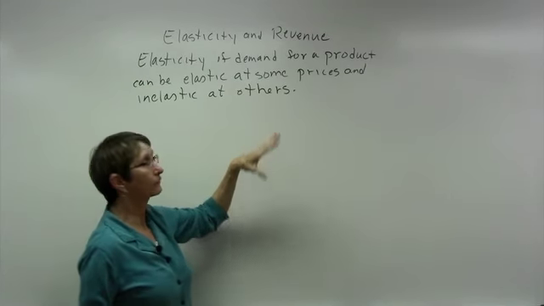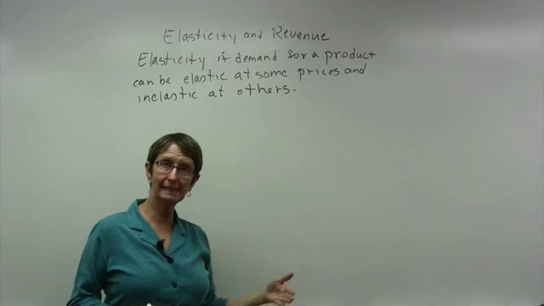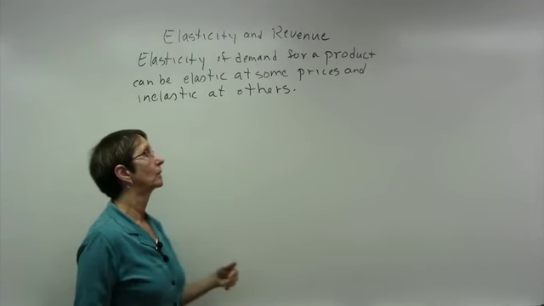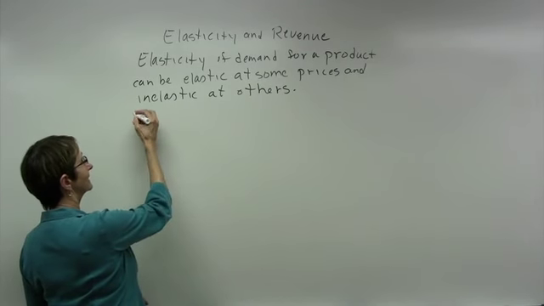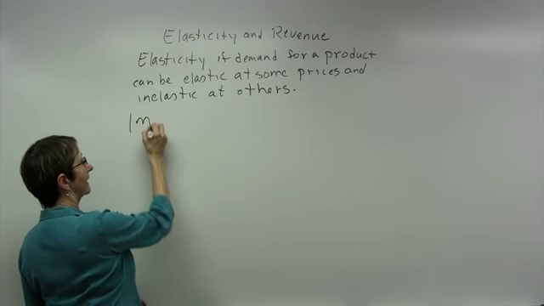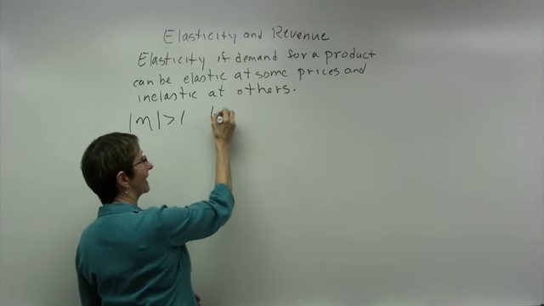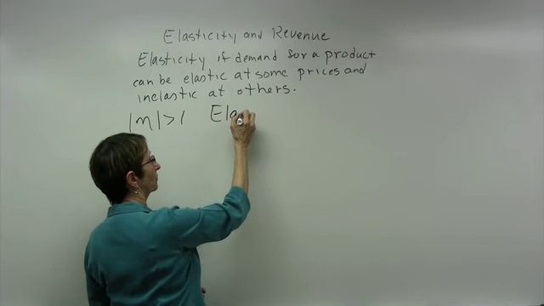Elasticity of demand for a product can be elastic at some prices and inelastic at other prices. Let's see how that can happen. Suppose our elasticity, eta, is greater than 1. That means demand is elastic. The absolute value is greater than 1.